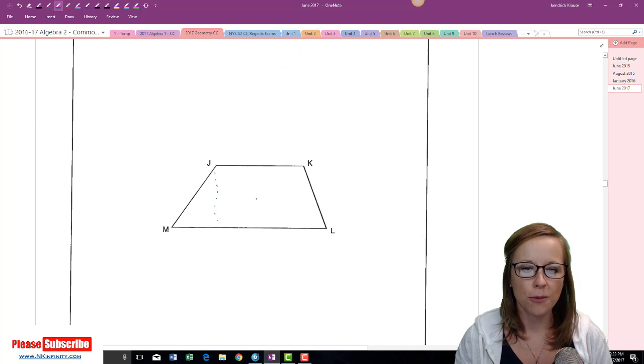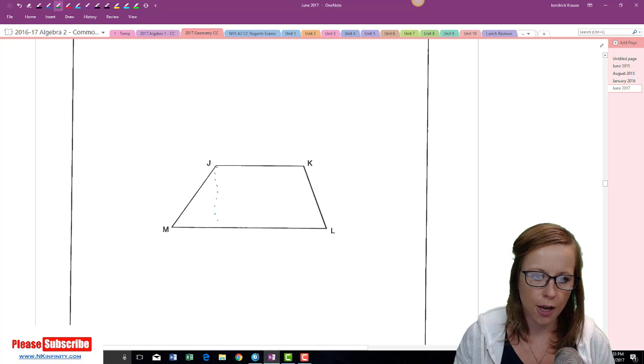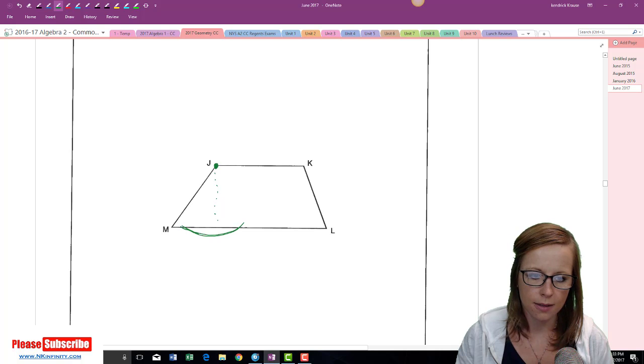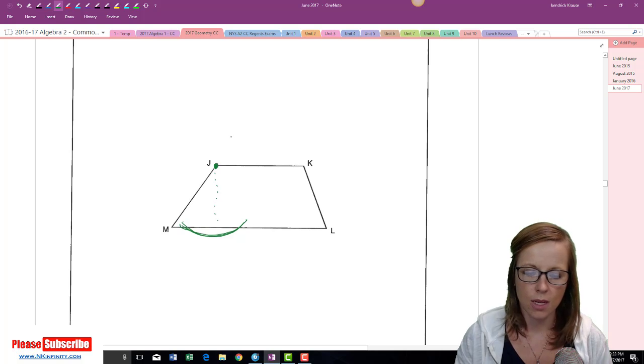So what you want to do is put the center of your compass at J, and measure a radius past the distance to ML and make an arc. Obviously, mine's just very beautiful.